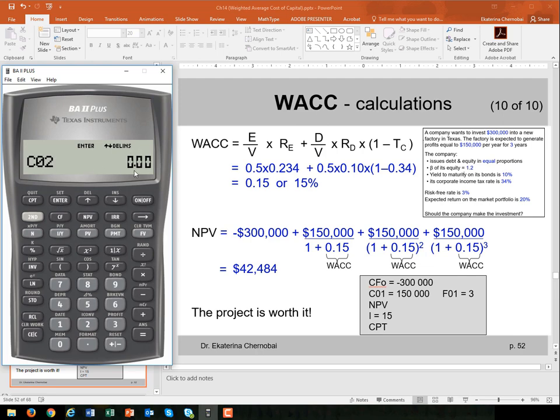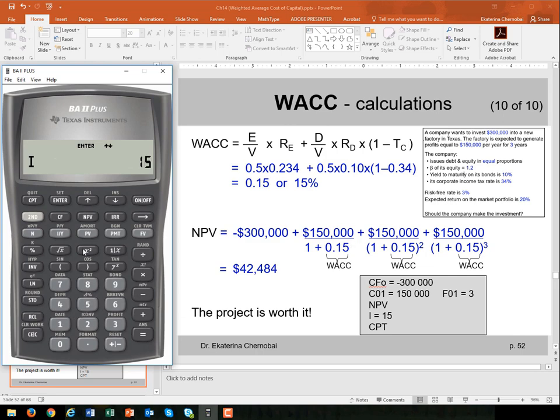Cash flow number 2, after my first cash flows have been saved. There is no cash flow number 2. That's it, we are done. Now I press NPV. The display asks me about the I, which is the interest rate or the discount rate. That's 15%, the weighted average cost of capital.